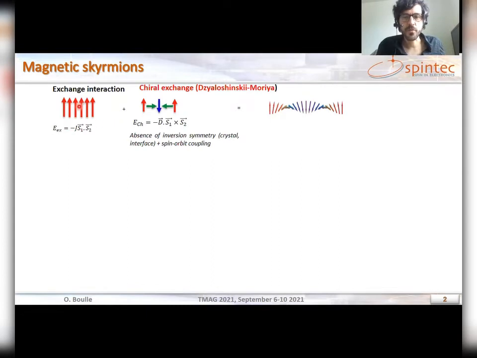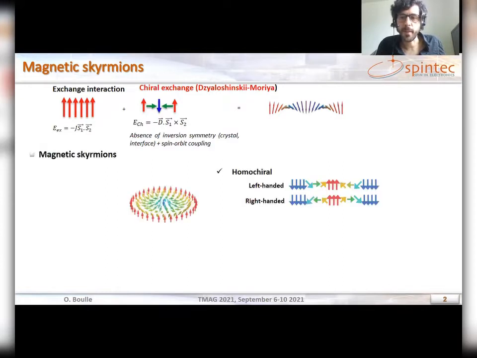But in some materials, which are characterized by the absence of inversion symmetry, as well as spin-orbit coupling, a chiral exchange interaction can arise, which favors a 90-degree alignment between neighboring spins and tends to make them rotate with a given sense of rotation. And the competition between these two terms can destabilize the ferromagnetic state and stabilize novel spin textures, such as this continuously rotating spin spiral, as well as magnetic skyrmions.